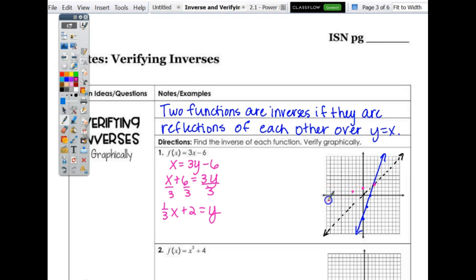Are you with me? So the lines are reflected. You can check the points are reflected across y equals x.